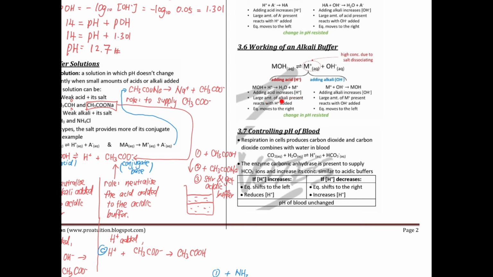So large amount of alkaline present. This is the alkaline, because it doesn't dissociate, it remains as molecule, so that's why large amount. So it reacts with the acid added, and the equilibrium moves to the right to form a lot of M plus.